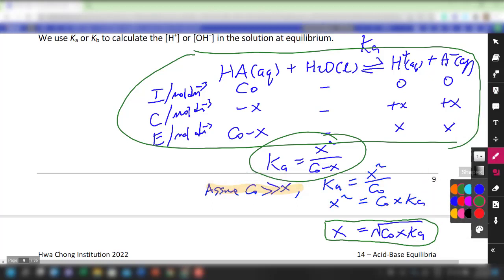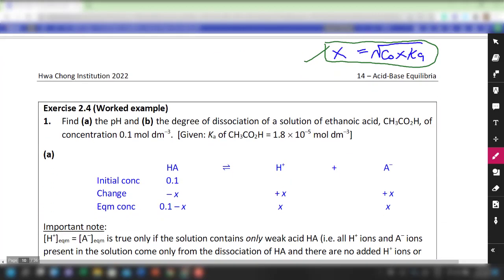And then from there, you will be able to calculate X easily. And then, as you know, X is the equilibrium concentration of H plus. You take the negative log to the base 10 of X, and then you will get the pH. Okay, so in general, this is the way you should go about working through the problems.